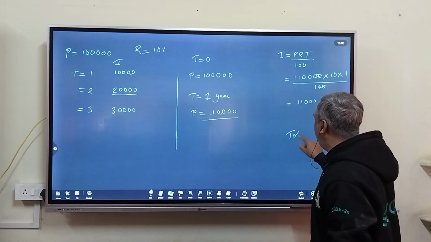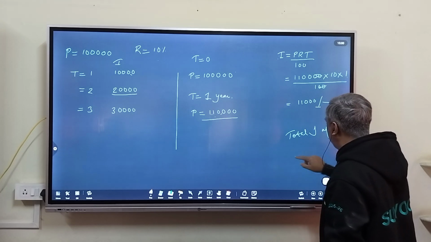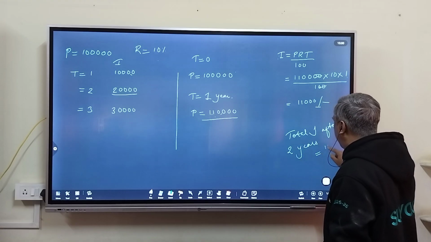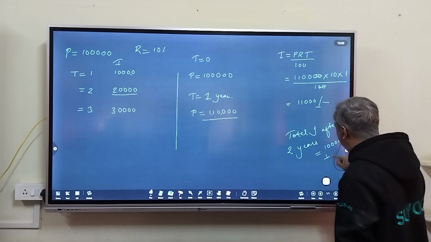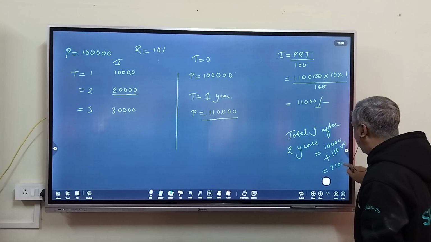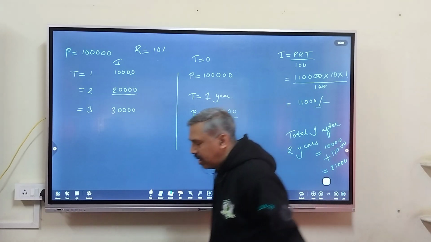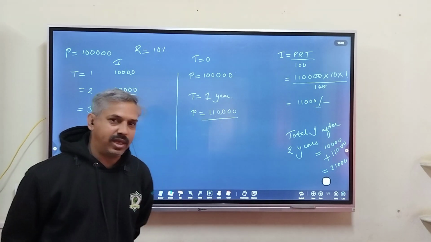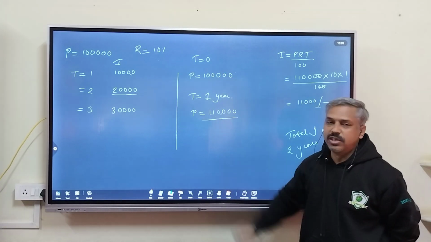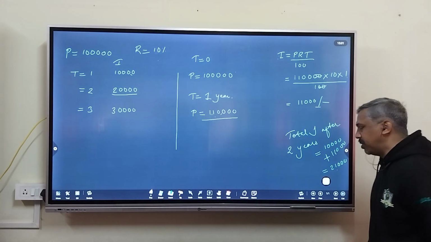So total interest after 2 years is equal to 10,000 rupees in the first year plus 11,000 rupees in the second year, and that is 21,000 rupees at the end of the second year. So if I decided to return his money at the end of 2 years, I should return the principal, which is 1 lakh rupees, and I should return 21,000 as well.